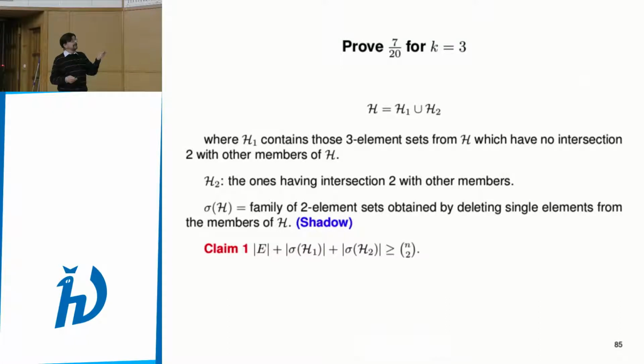So sigma h is the set of pairs contained in one three-element set, and I just made it two parts, and all together they have to cover all two-element sets, so this inequality must hold.